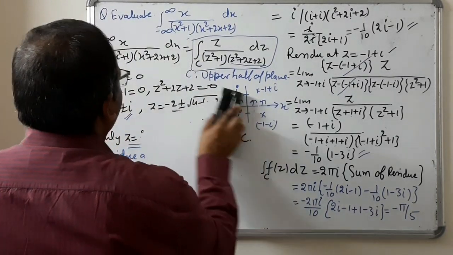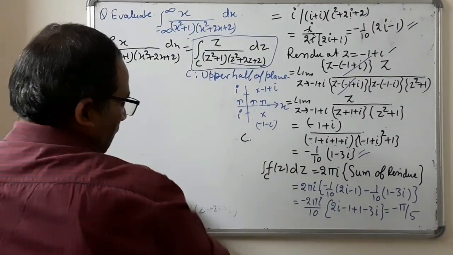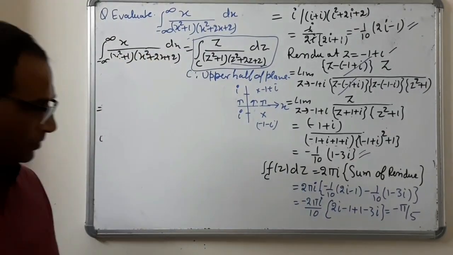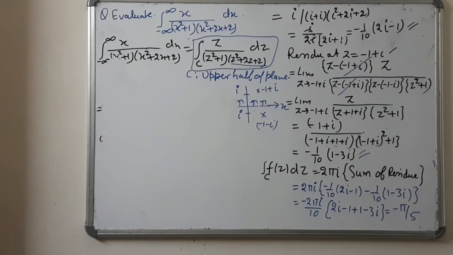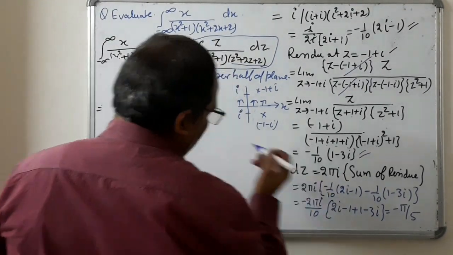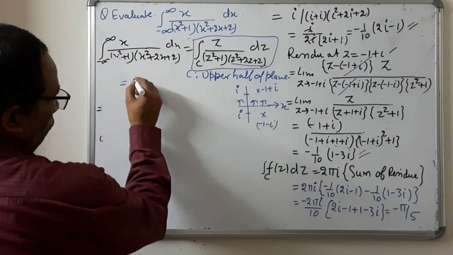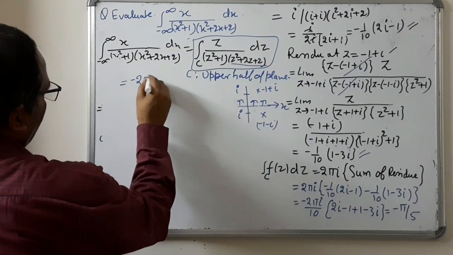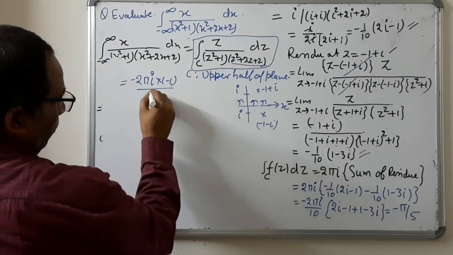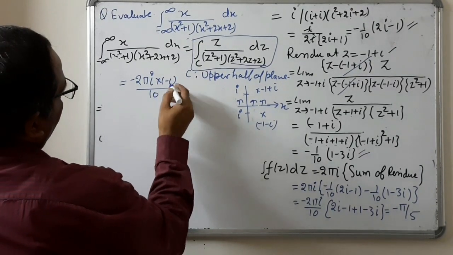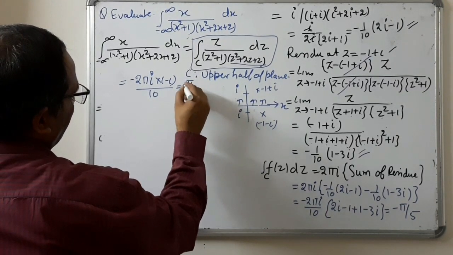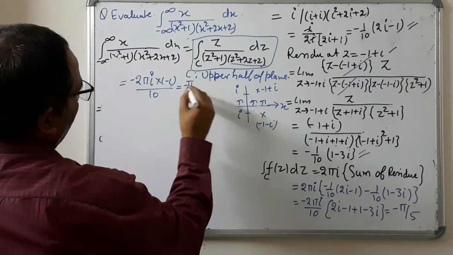Minus 1 and plus 1 cancel out, and minus 3i plus 2i is minus i, right? So minus i, into i square. So we get that this is equal to minus 2 pi i into minus i upon 10. i into i is i square, minus 1, that means you have pi, minus pi upon 5.